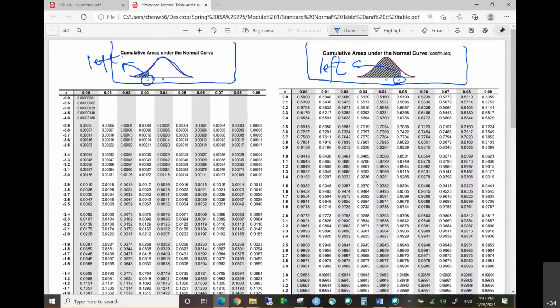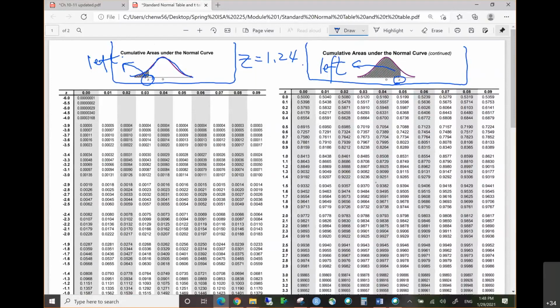For example, if your z is 1.24, what is the probability that is less than 1.24?